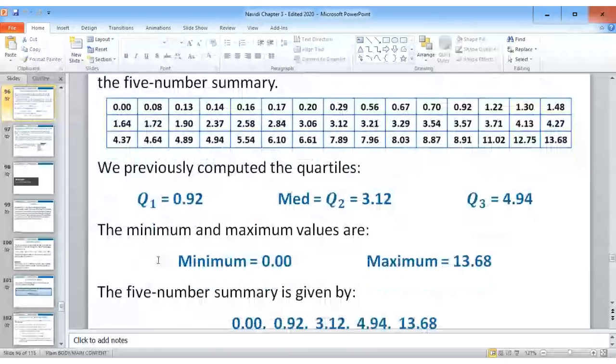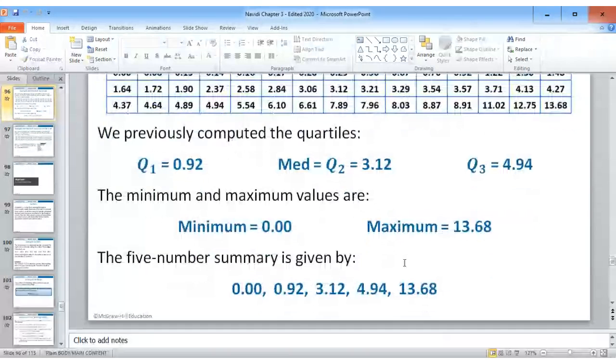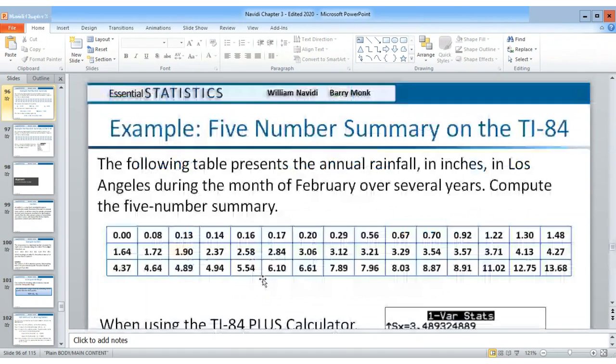All right. So here's the 5-number summary. The minimum and the maximum happen to be the same because it's the same information. It was just 3 years added on. So the maximum was still the same.